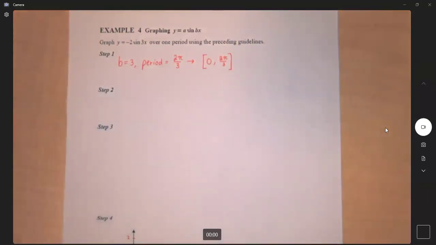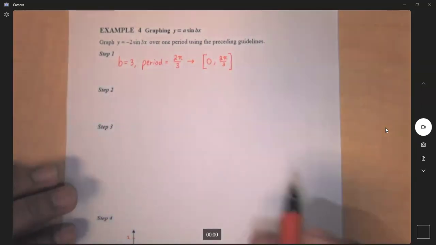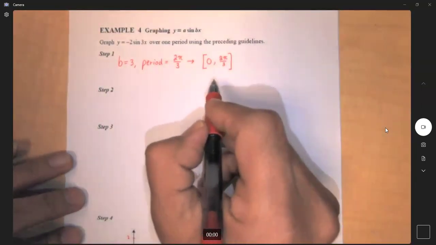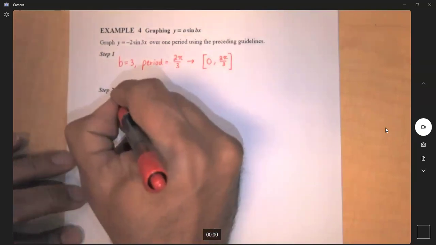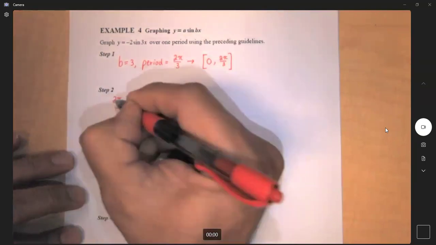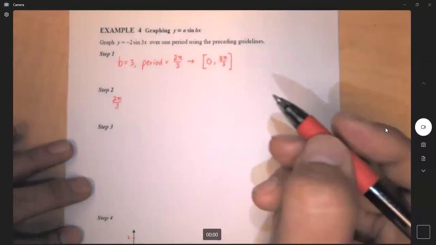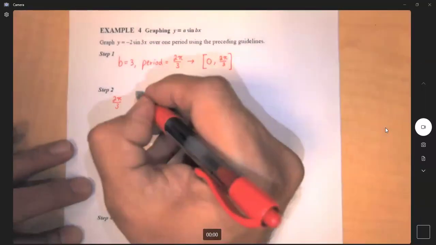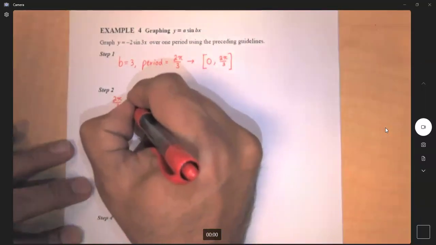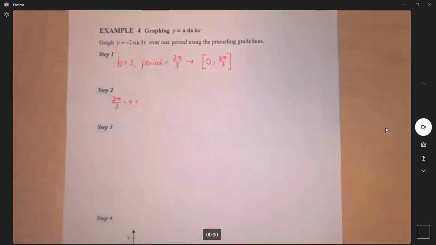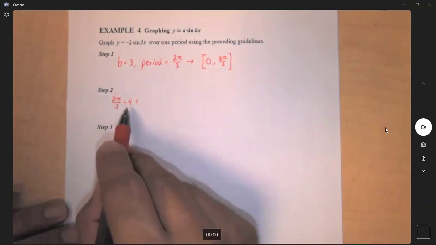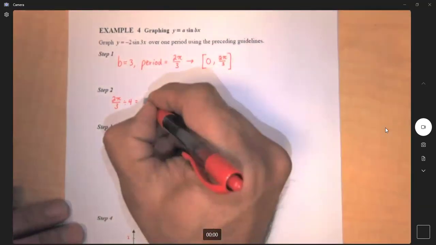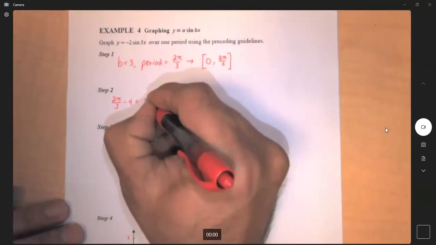So you're going to divide this into four equal intervals. You take 2 pi thirds and divide that by 4, right? If you divide that by 4, that would be 2 pi twelfths, which is pi over 6.